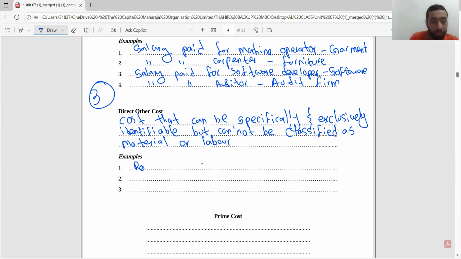Examples: royalty paid based on production. These are direct other. We are in the third type. Type number 3, direct other.